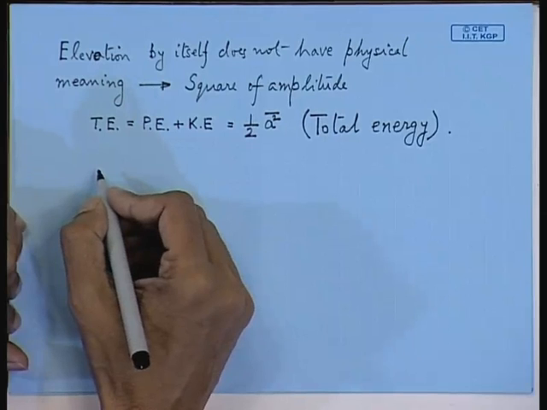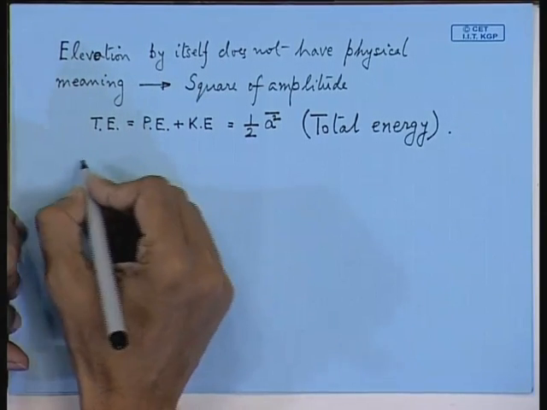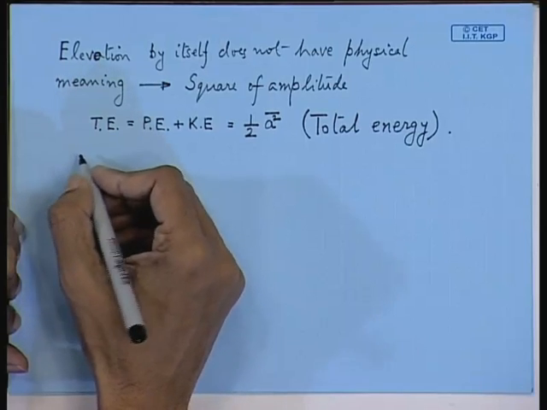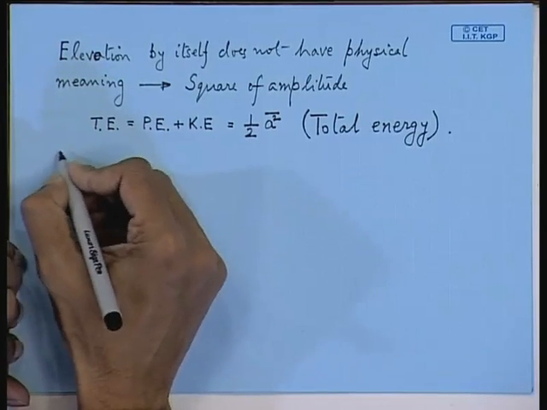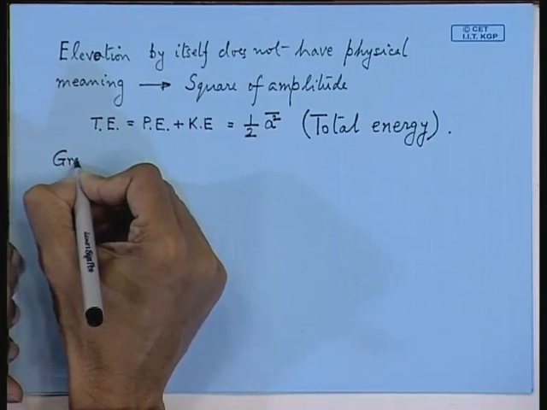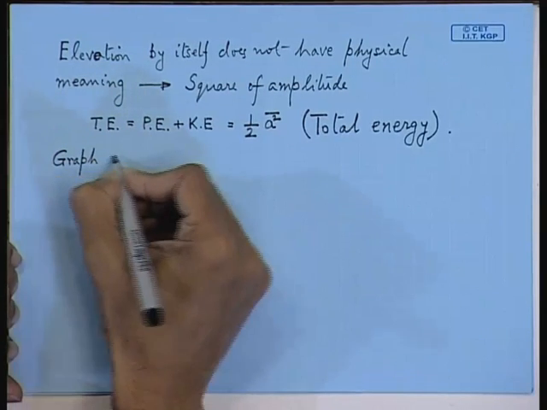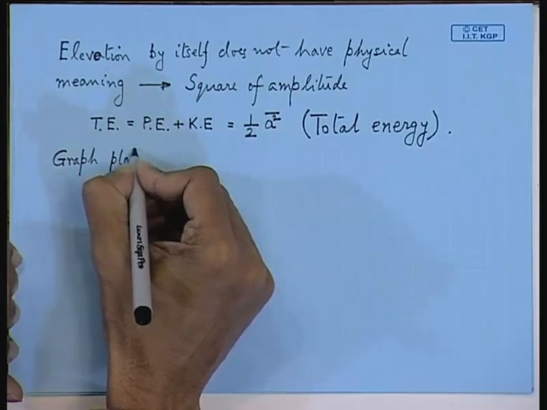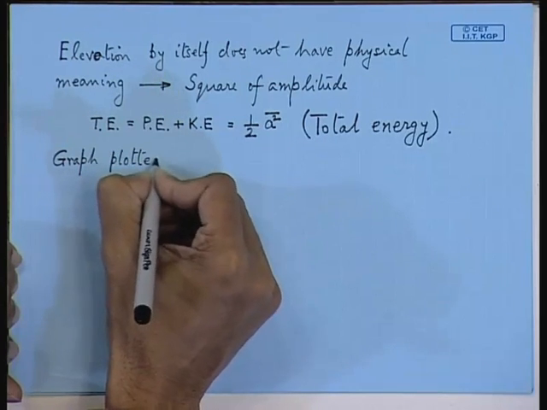So, what we are getting, in the graph that you have plotted, is only for discrete values of frequency.